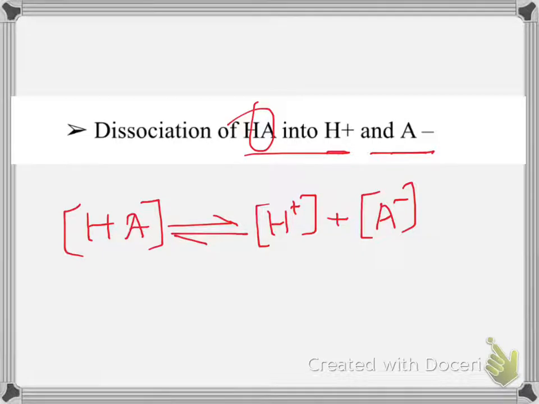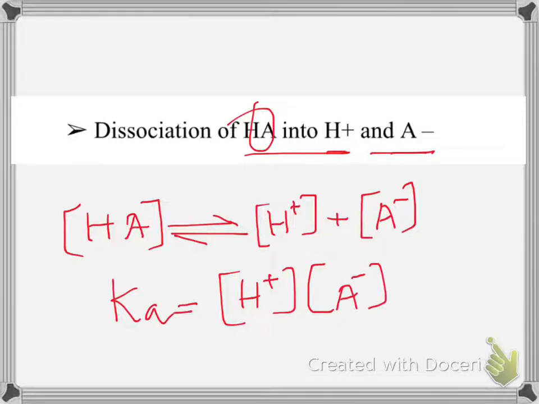From this equation we can write the dissociation constant, Ka, equals concentration of H plus times concentration of A minus divided by concentration of HA. That is, the concentration of the products divided by the concentration of the reactants.